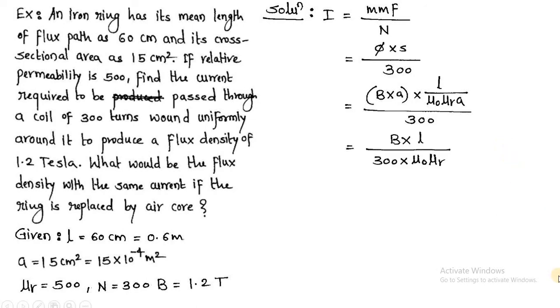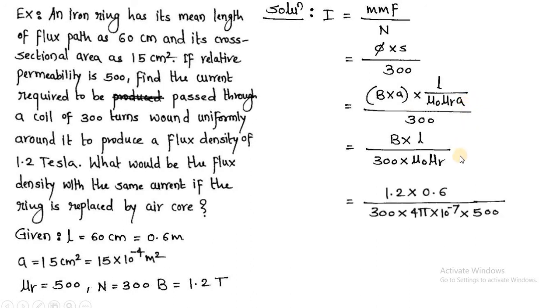Okay, so let's put all the values. B into L is in the numerator, and then this A. B into A in the bracket, so that A will cancel with the denominator A in the reluctance. So in the denominator we will have 300 into mu 0 into mu r.